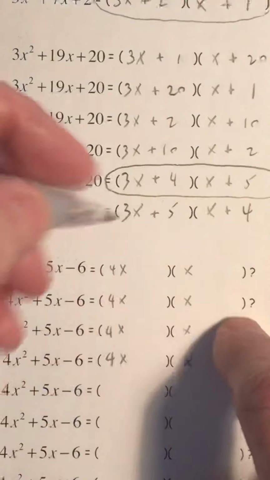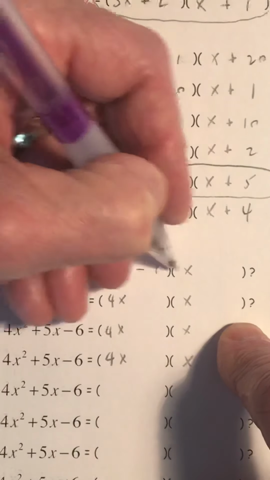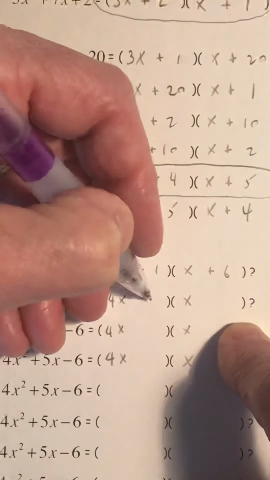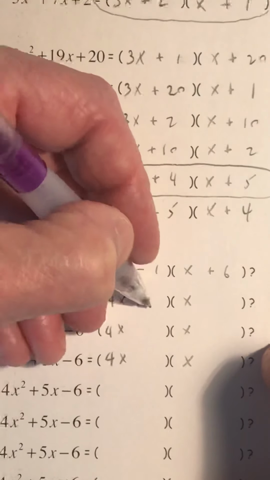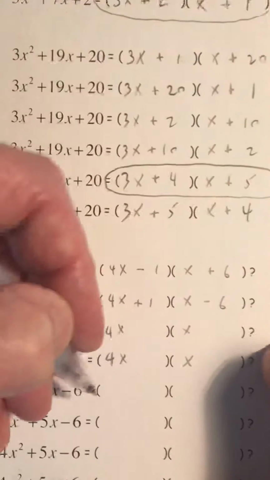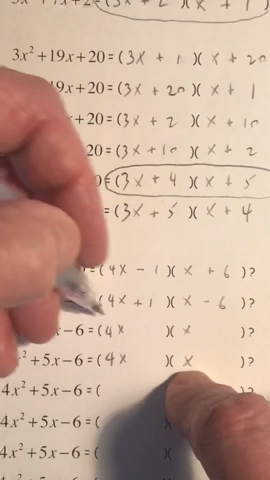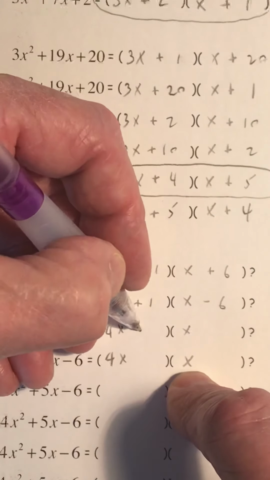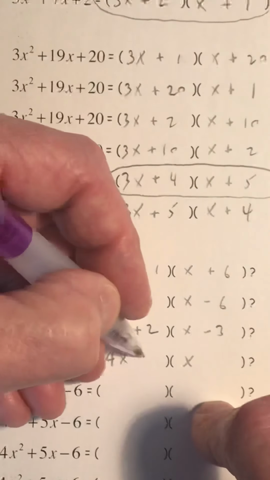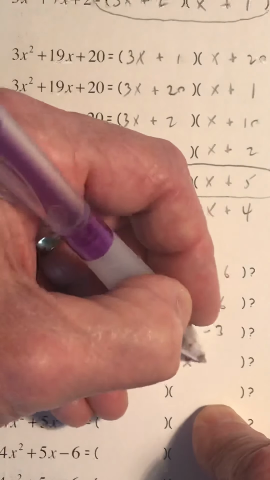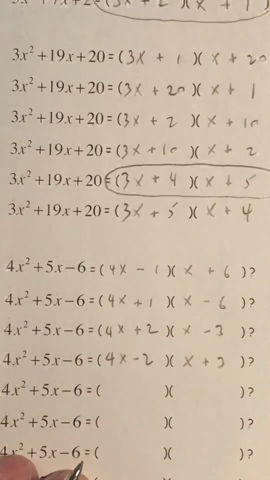I could have a minus 1 and a plus 6, or I could have a plus 1 and a minus 6, or I could have a plus 2 and a minus 3, or I could have a minus 2 and a plus 3.